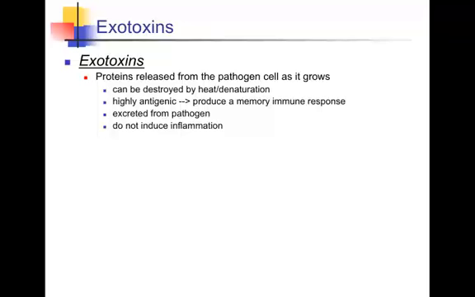Even though they are proteins, they typically do not result in large degrees of inflammatory responses, even though our immune system is pretty good at recognizing foreign proteins. These particular proteins are small enough that they are not typically well recognized by the host immune response, or at least in terms of inducing inflammation.